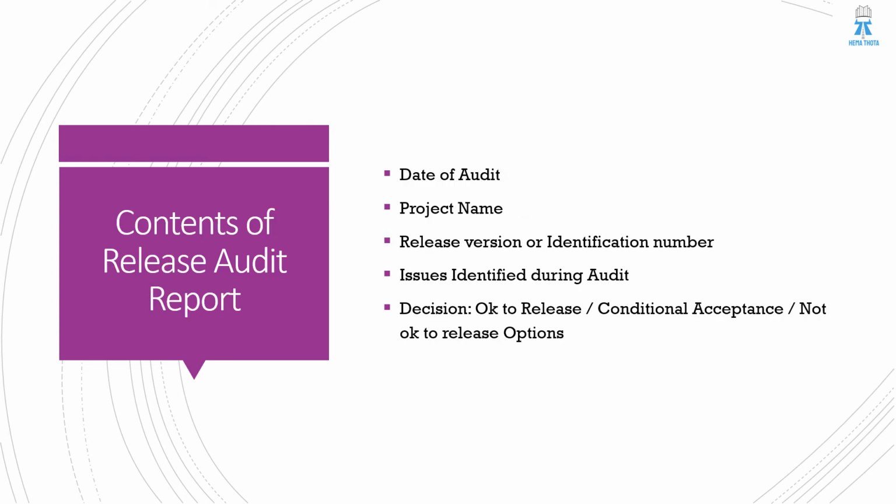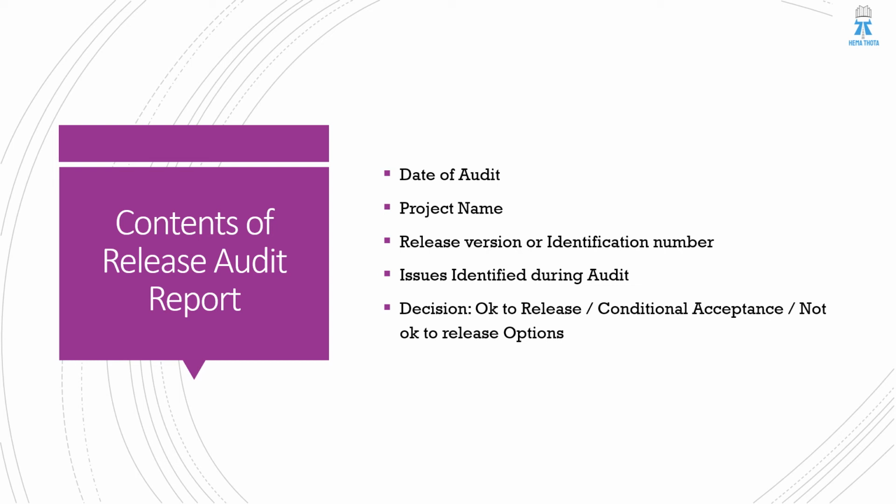So, contents of the release audit report: date of the audit, project name or product name, release version or release identification number, and the issues identified during the audit, like the list of issues. For example, the known bugs are not written there, or the bug which is fixed in this particular version is not mentioned in it, or some bug identified during the execution phase is a major bug.